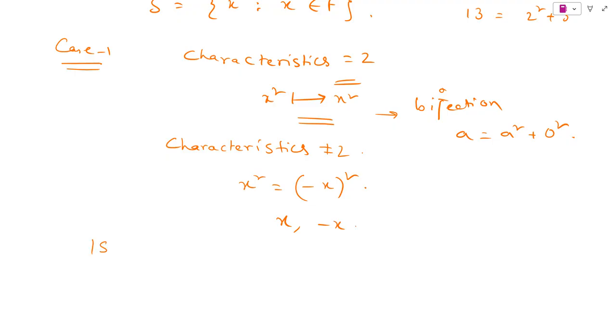And hence the size of S is (q plus 1) by 2. This is a very important result. So in every finite field of odd characteristic, the size of S is (q plus 1) by 2. Remember this formula, it appears repeatedly in algebra and number theory.